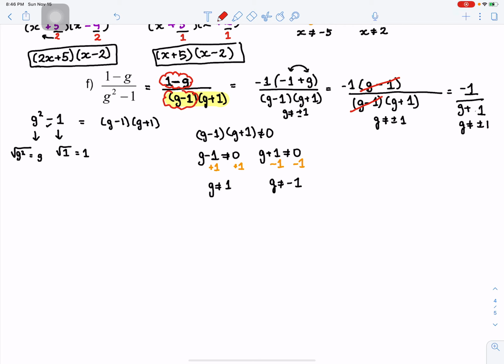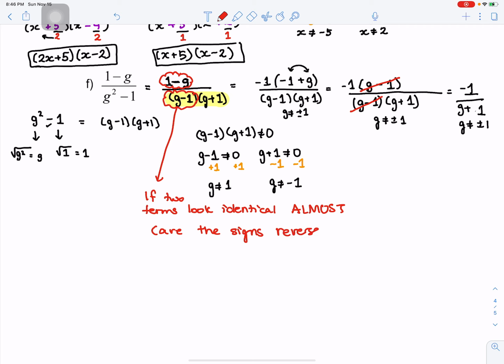So if you notice two terms look almost identical, check the signs. Are the signs reversed in all terms?